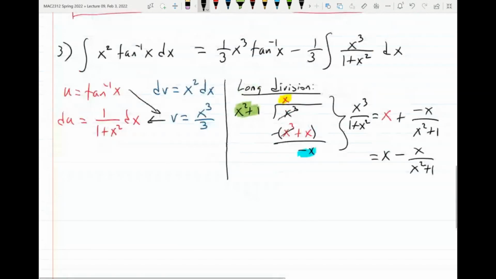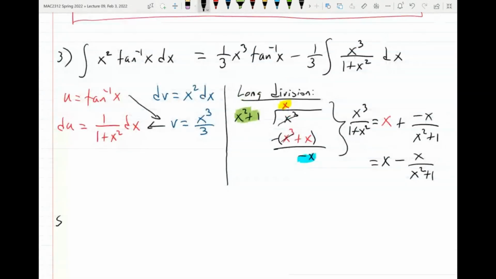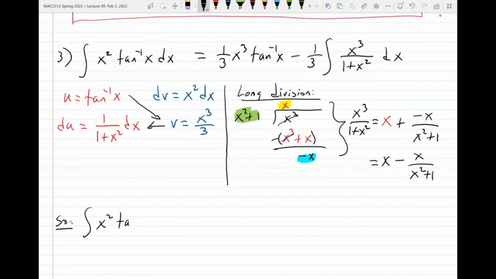So let's do it. The integral of x squared inverse tangent is going to be 1 over 3 x cubed inverse tangent minus 1 over 3 times, and then I'm just going to replace, instead of x cubed over 1 plus x squared, I'm going to write this.